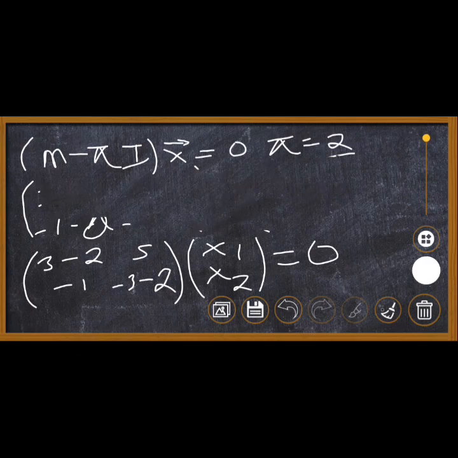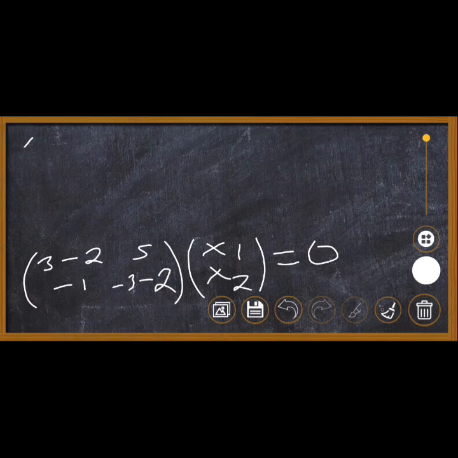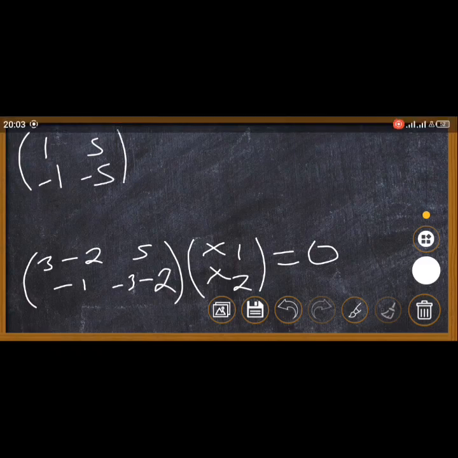We can remove the top part here, since it's not necessary this time. Okay, so we have this. Let's simplify this. So 3 minus 2, that's 1, and then we have 5 here, and we have -1. Then -3, we subtract 2, we have -5. And then remember here we have x1 and x2.